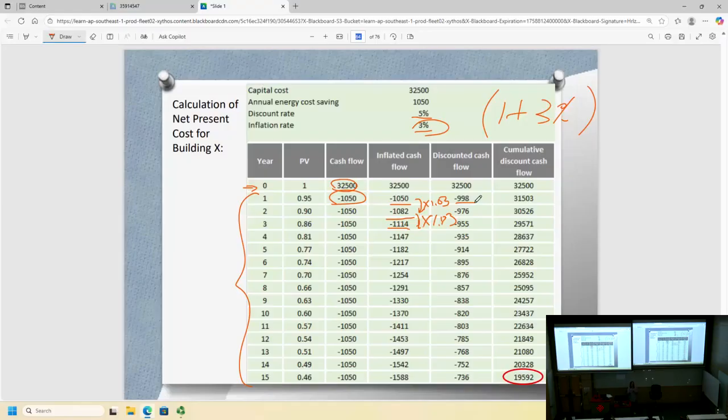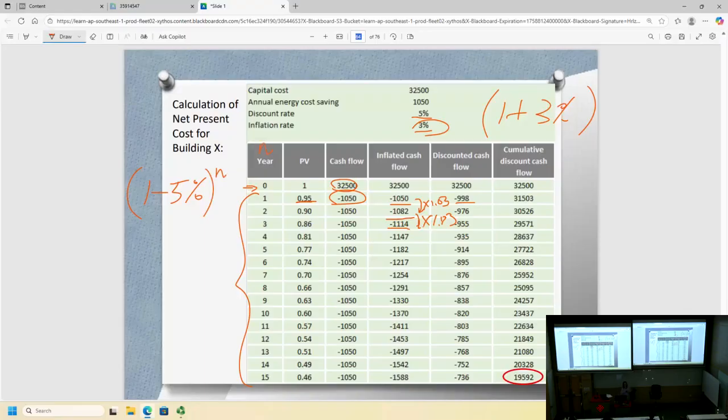So we need to multiply by a ratio, and this ratio is actually very easy. Just 1 minus the discount rate, which is 5%, and then to the power year.